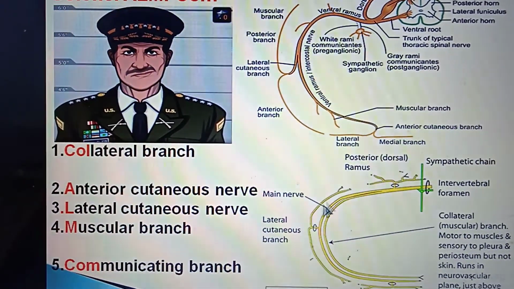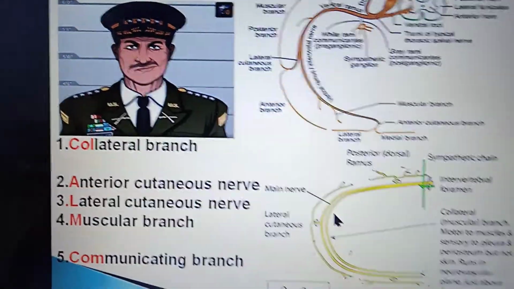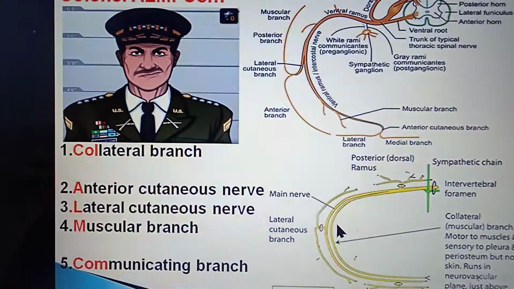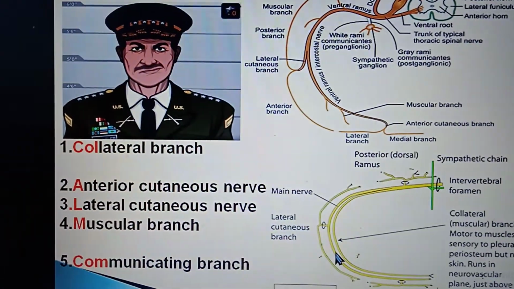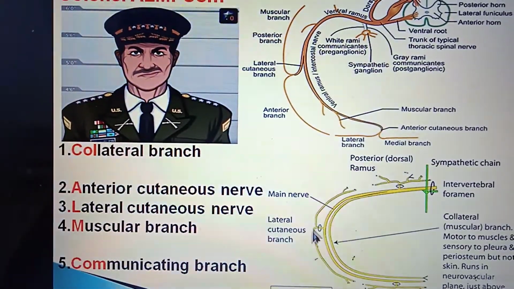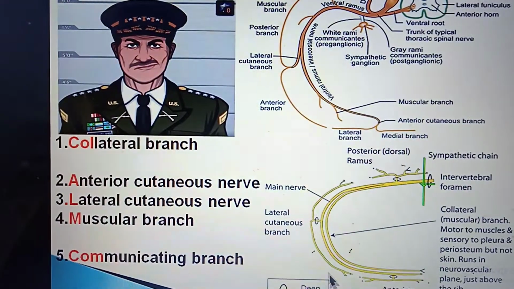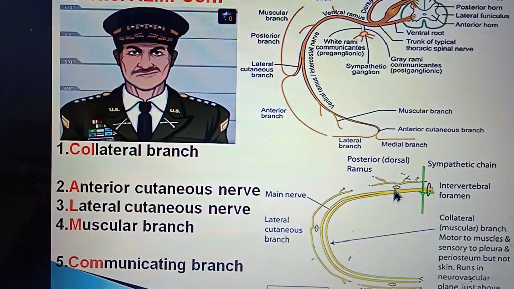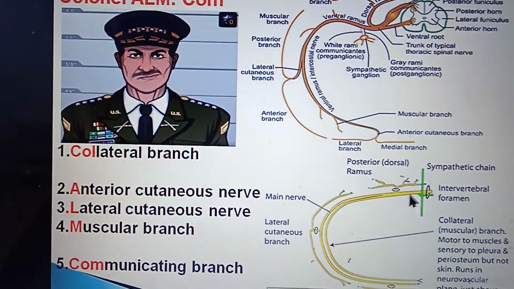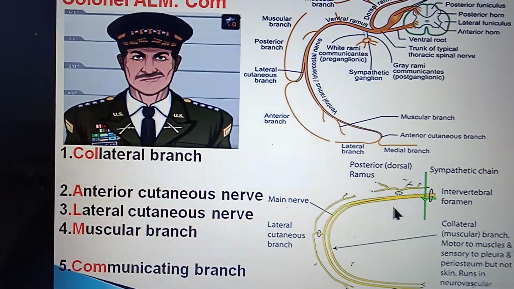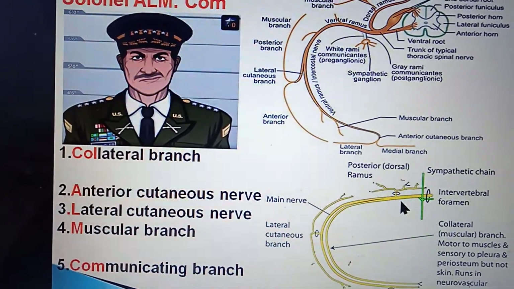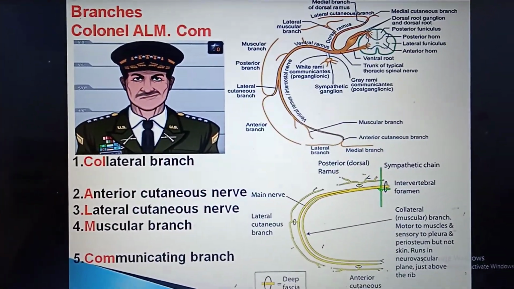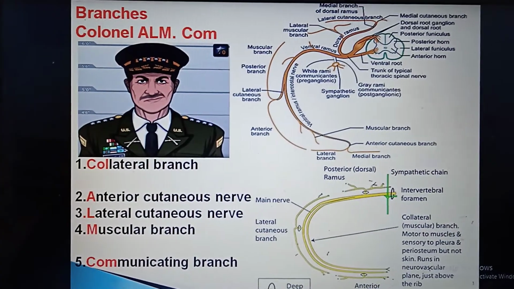So the pain and muscle atony will be there, which is suitable for the operation, and the cutaneous branch is also blocked, so the pain will not reflect. The main area for the nerve block is just lateral to the vertebra, before the collateral branch arises. Otherwise, the pain will reflect to the intercostal areas.